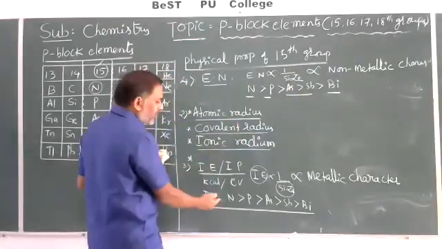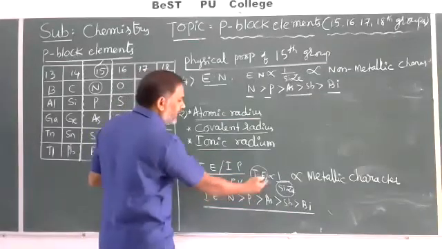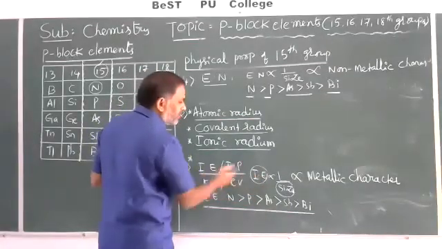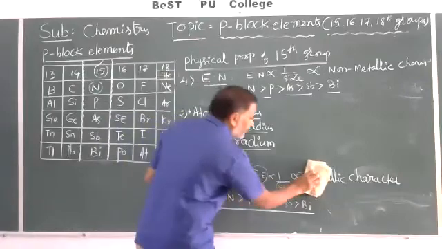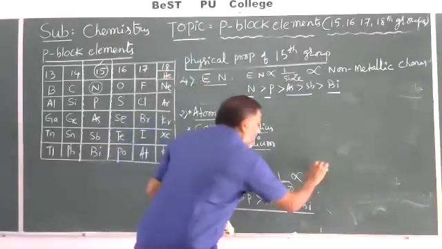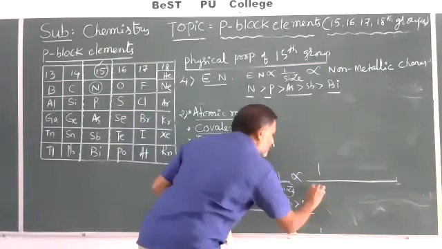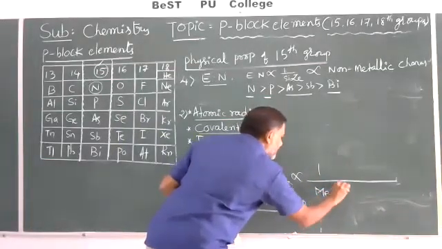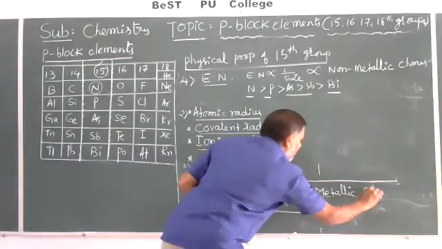Generally, if your ionization energy is more, that is inversely proportional to the metallic character.